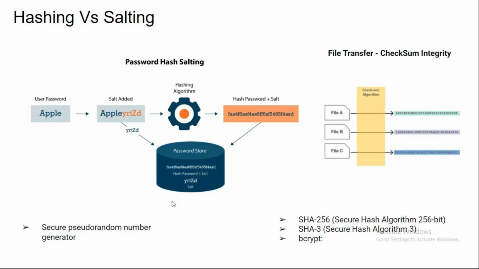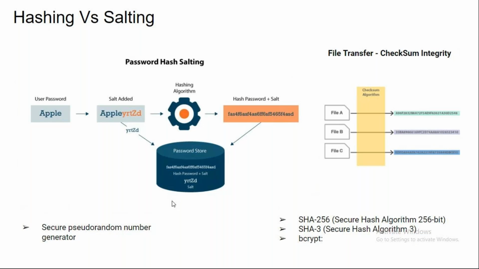Let me take an example. When you do a registration, for example, I register to Amazon.com. I give a user ID as some email ID, and I give a password as Apple.